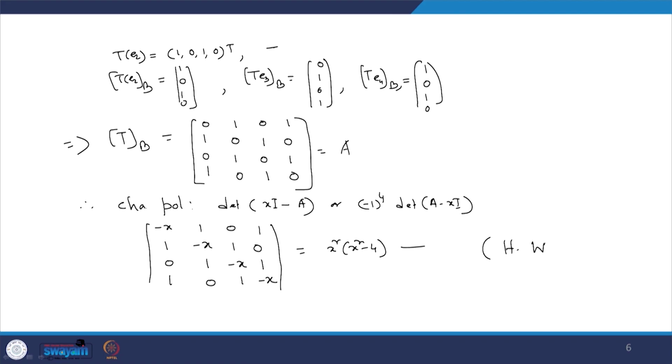But I will show this by calculating different powers of A and showing that A square into A square minus 4I equal to 0. Since this is a matrix of 4 by 4, the characteristic polynomial has to be a 4 degree polynomial, please. So, let me quickly calculate what is A square, please. We have A equal to 0 1 0 1, 1 0 1 0, 0 1 0 1, and 1 0 1 0.